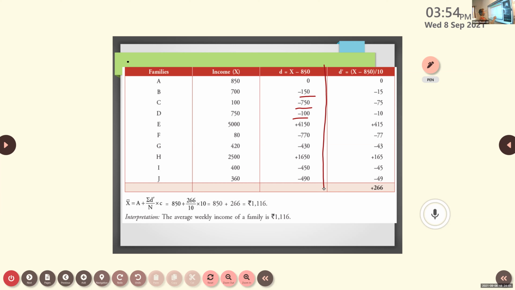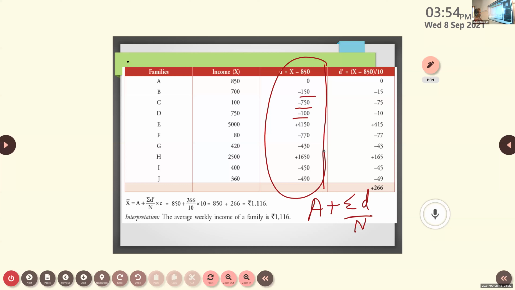What is the formula? A plus sigma D by N. What is the sigma D here? All these are D.